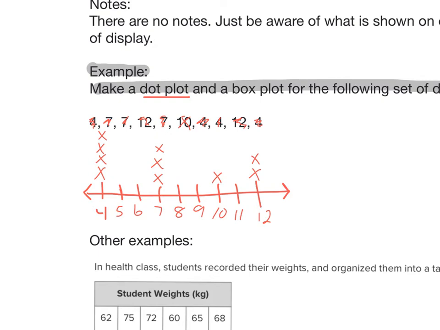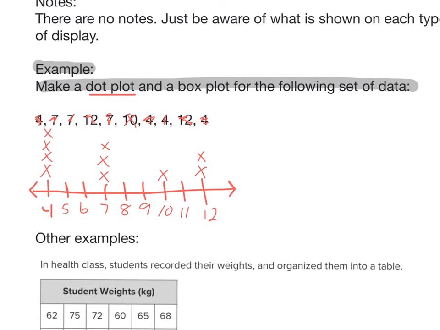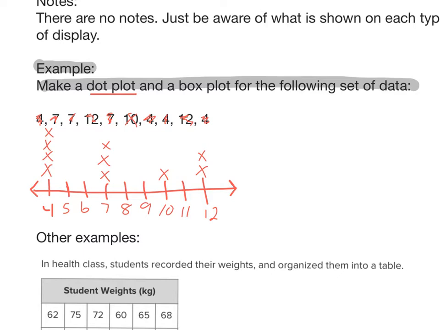Box plot. I also need a number line, and I think I will use basically the same number line. Maybe I'll start with a 2: 3, 4, 5, 6, 7, 8, 9, 10, 11, 12, 13, 14, starting above and below the numbers that I'm going to use.